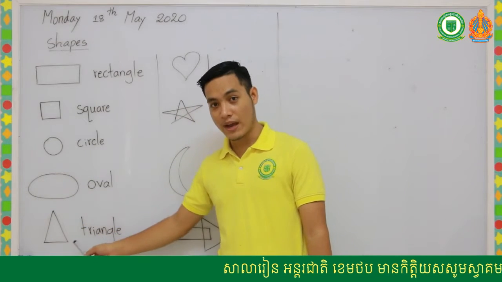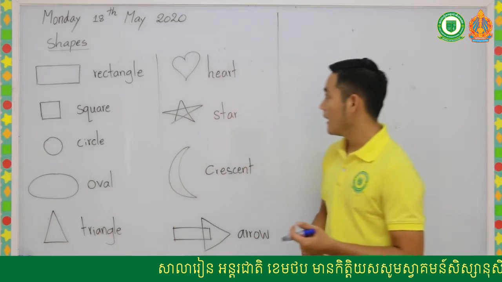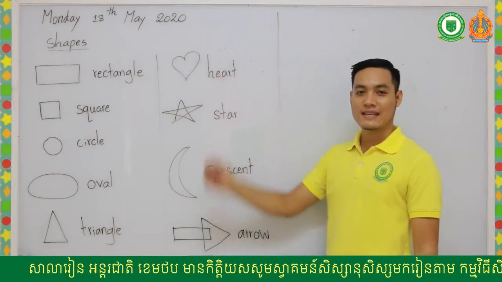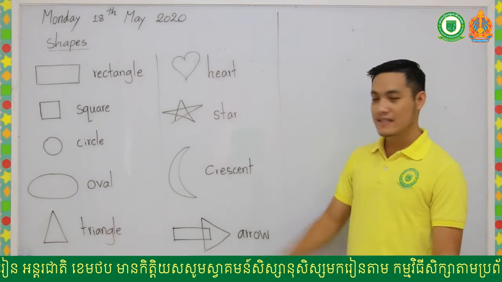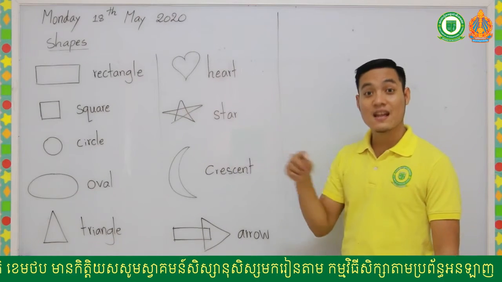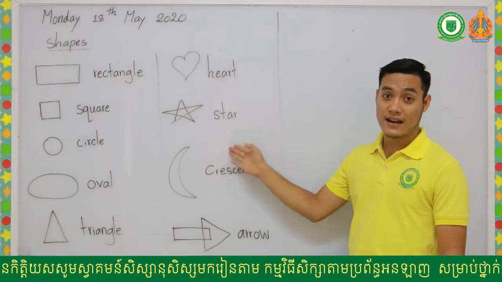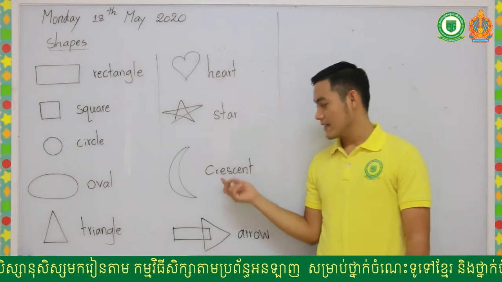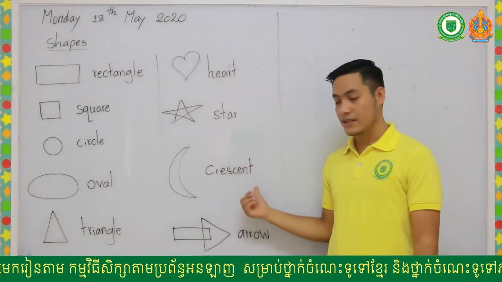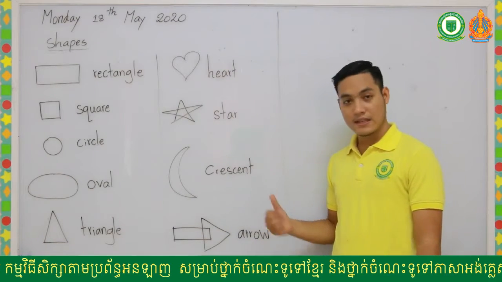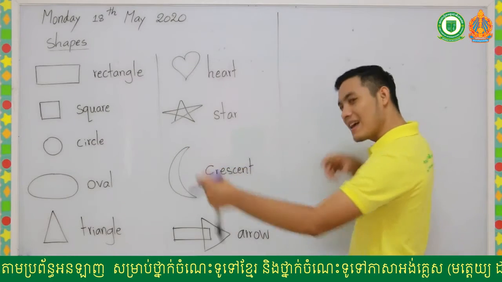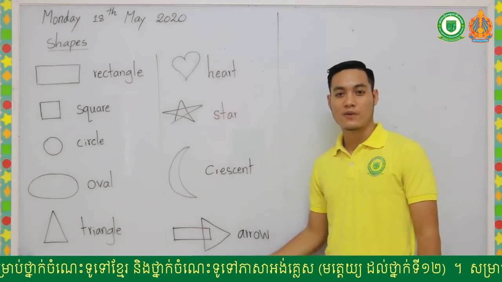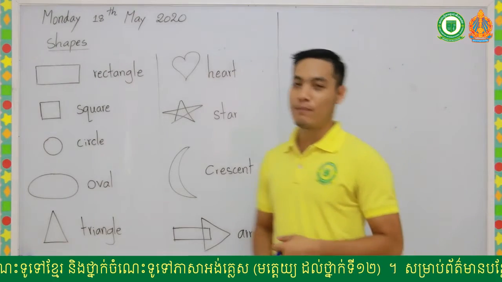And this one is heart. And this one is star. Right? And this one is crescent. And the last one is arrow. Okay, so that's it for part 1.